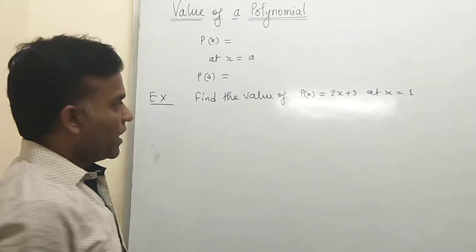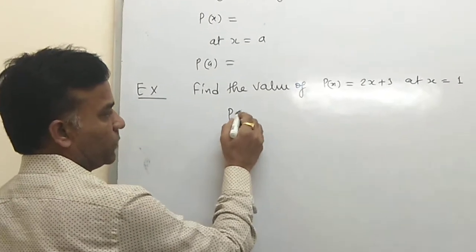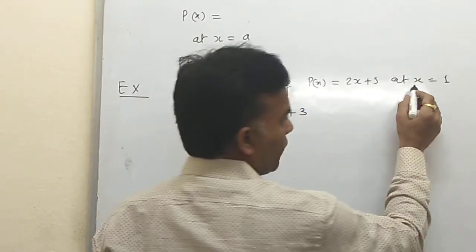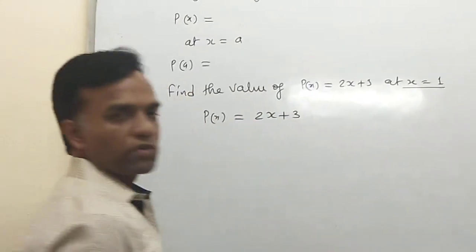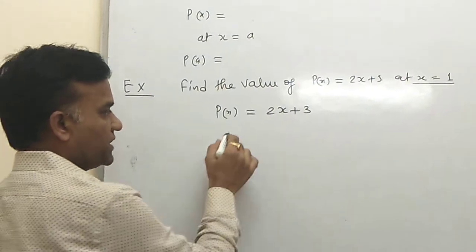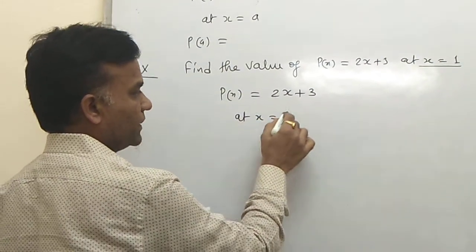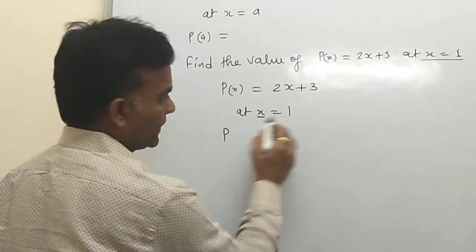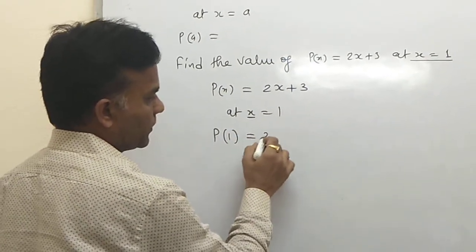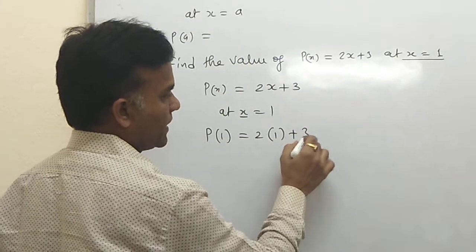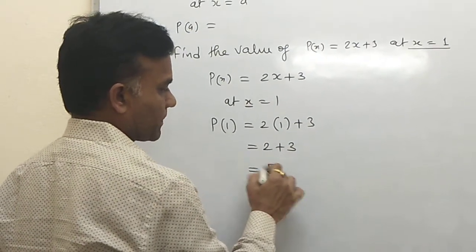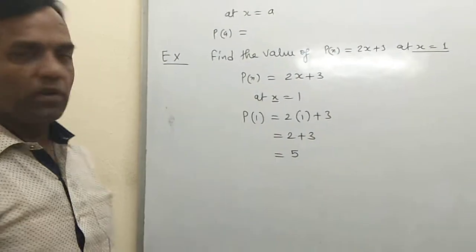Our polynomial is given, p of x equal to 2x plus 3, and you find the value at x equal to 1. In place of x, you put 1 here. So p of 1 means 2 times 1 plus 3, so 2 plus 3 is 5. This is the value of the polynomial.